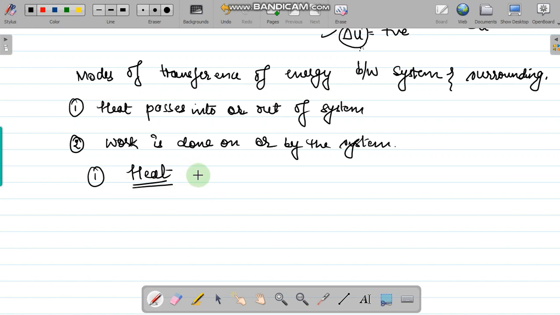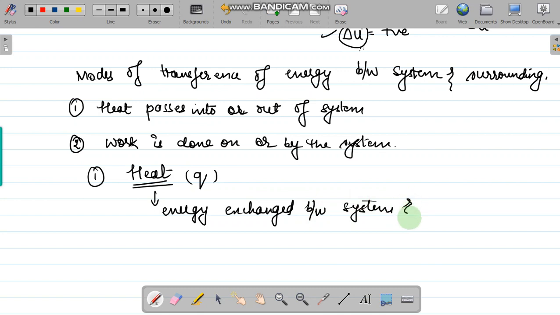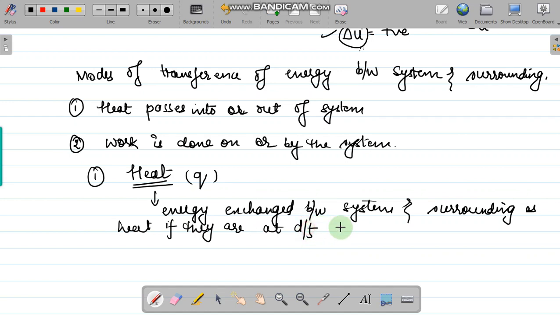Heat is what? It is denoted by small q. Then it is what? It is the energy exchanged between the system and surrounding as heat if they are at different temperatures.